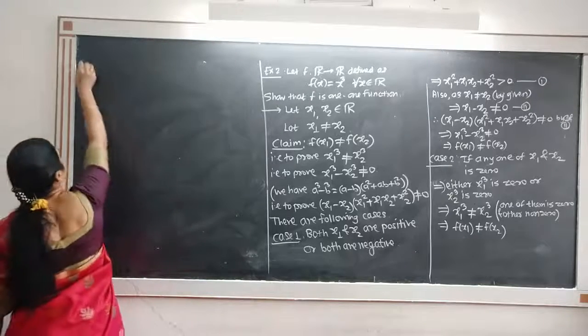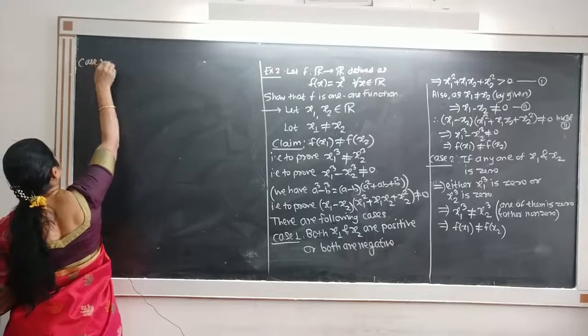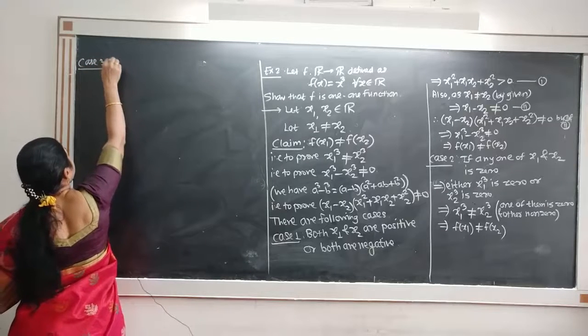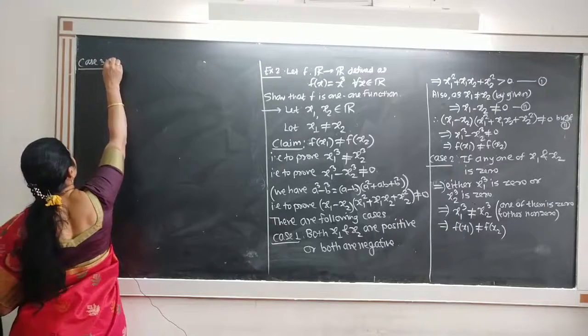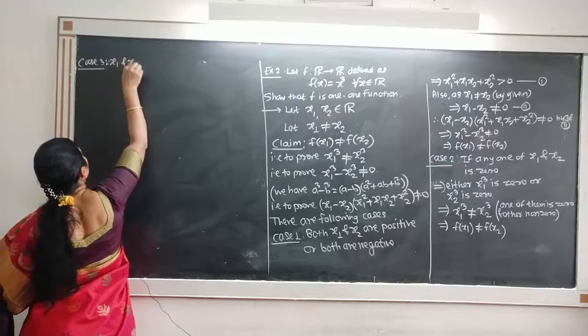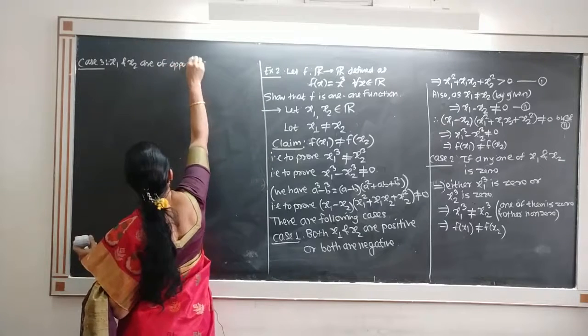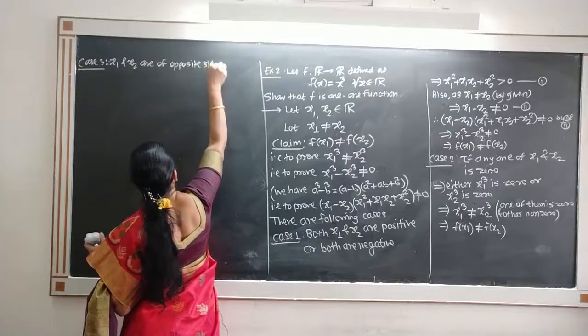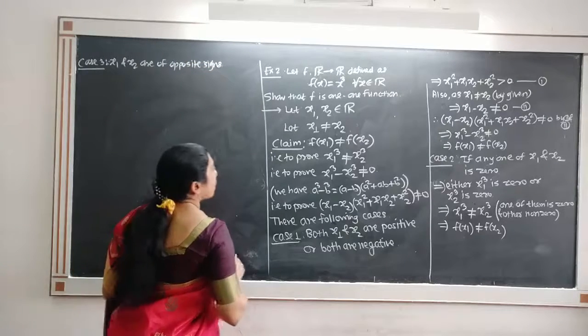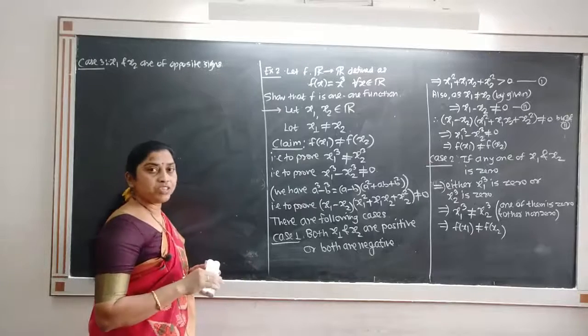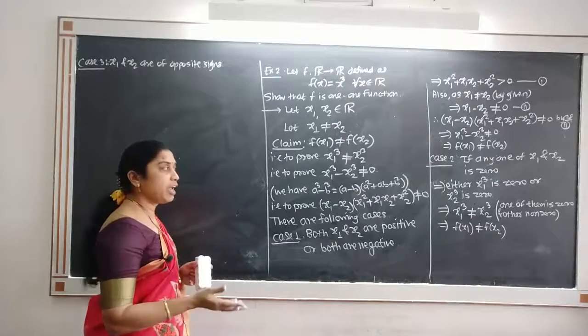Consider the third case, case 3. x1 and x2 are of opposite signs. So one of them will be positive, another will be negative.